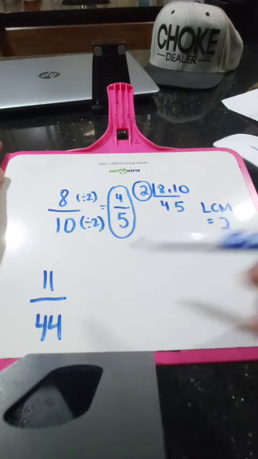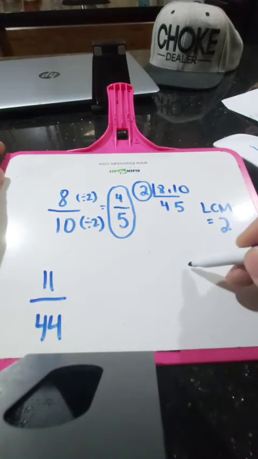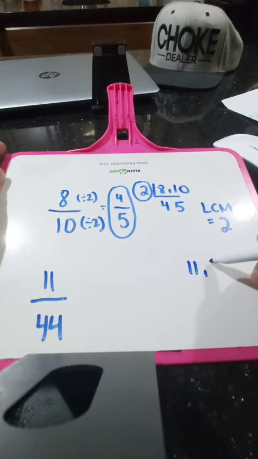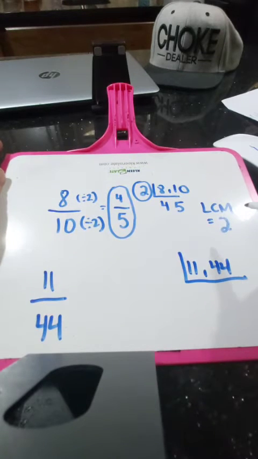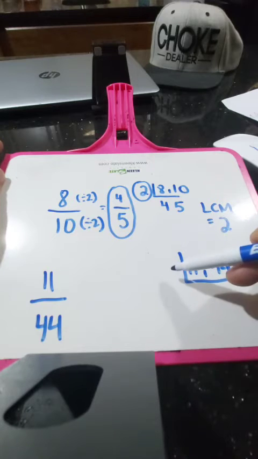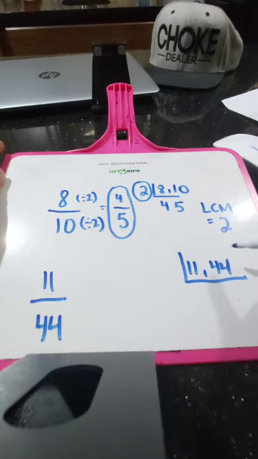Okay. Now with 11/44, we're going to do the same thing. We're going to put 11 and 44 into our ladder, and what you're going to notice right away is that, well, obviously 1 can go into it, but that never counts. So starting with 2, 2 cannot go in, 3 can't go in, 4, 5, 6, 7, 8, 9, 10 can't go in.